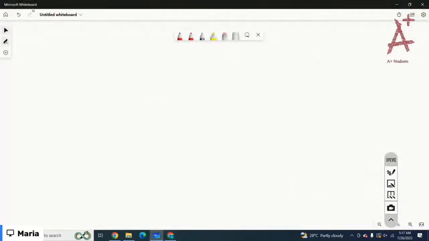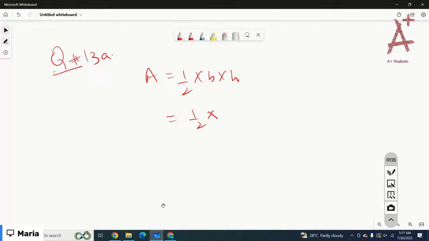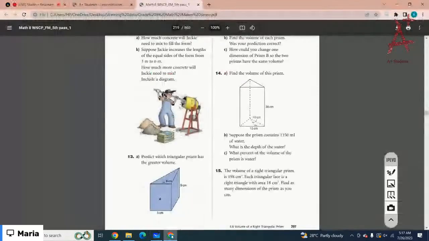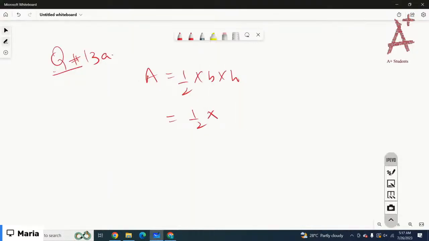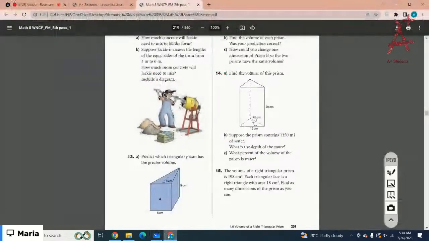Question number 13A. Base is 5 and height is 8. 5 times 8 is 40. 40 divided by 2 is 20. Okay, then volume equals A times L, that is 20 times L, which is 9.